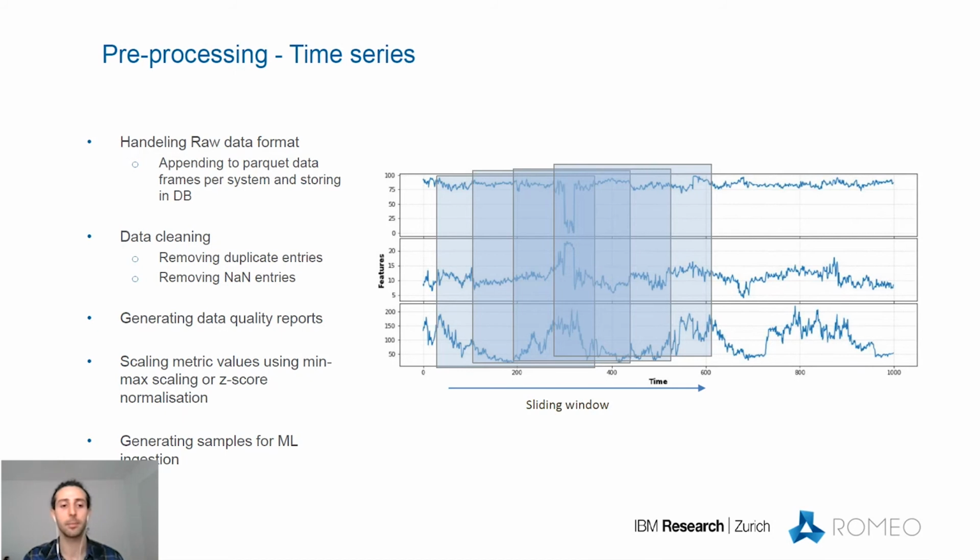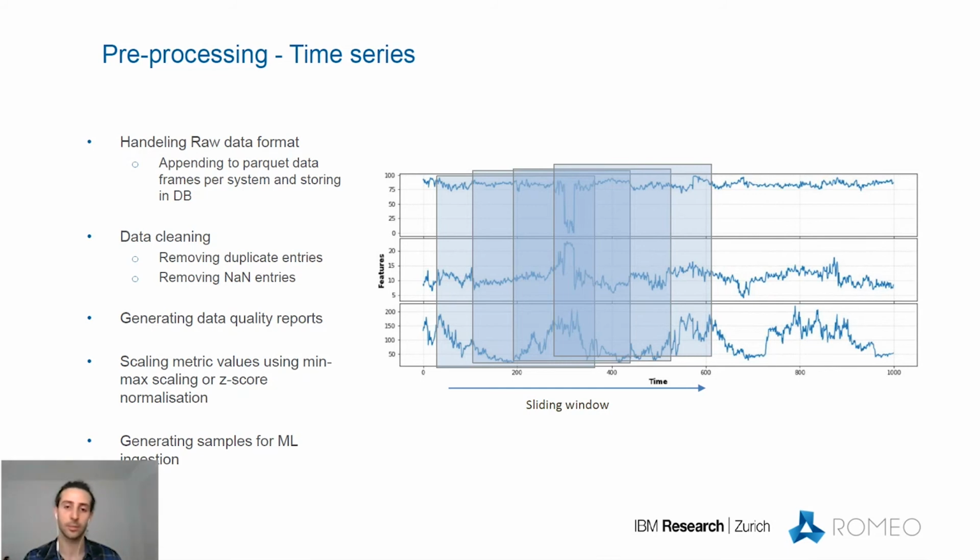The scaling can be applied using min-max scaling or z-score normalization, and this is basically where you take the data and you normalize it around the zero axis. And very importantly, when we're working with time series, we want to generate samples for the machine learning ingestion. As you can see in the figure on the right, this is how you can generate those samples.